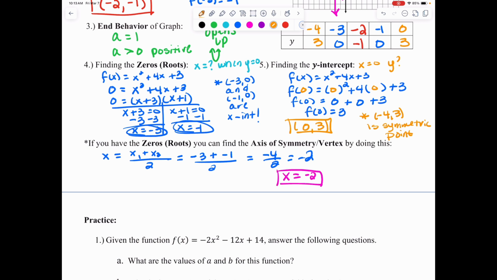The reason we're able to do this is because these points are symmetric. So if you take those roots and average them, you'll end up with the middle value, which is the x value for your axis of symmetry. So we'll make a little note on the side for axis of symmetry.